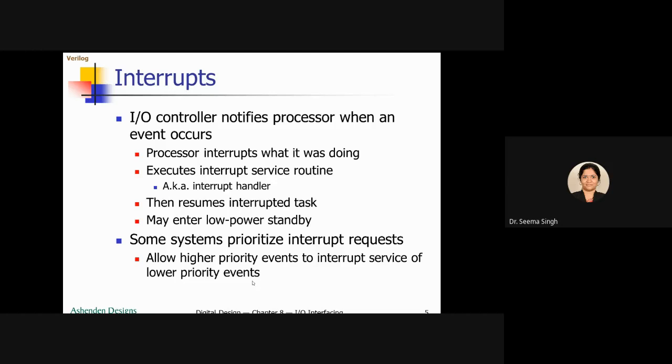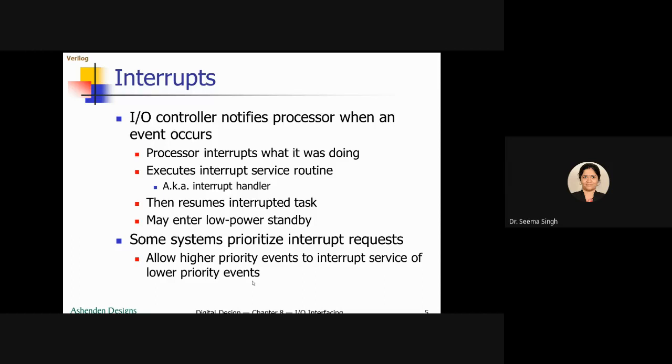By checking in the program counter what was stored, what it was doing. So it will continue from there. And if it was not doing any work before getting interrupted by an IO controller, it can simply enter a low-power standby mode. So this is the basic principle of interrupt working.